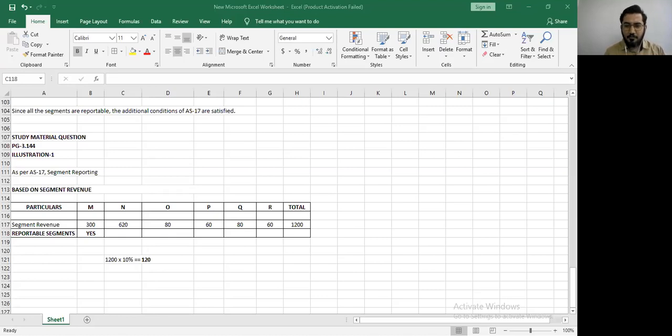Is segment N reportable? Yes, segment N is reportable.